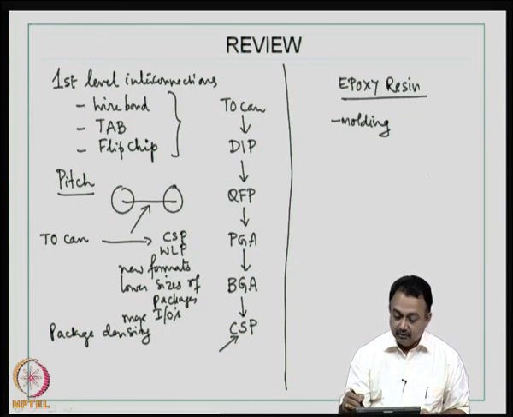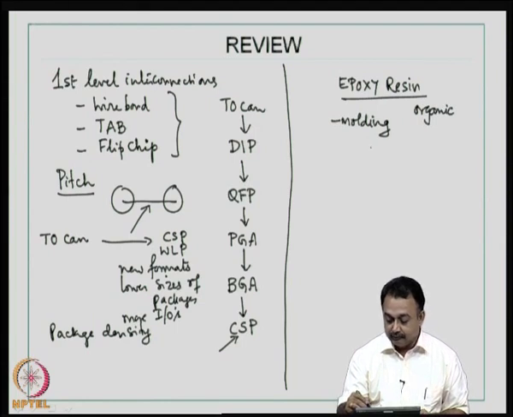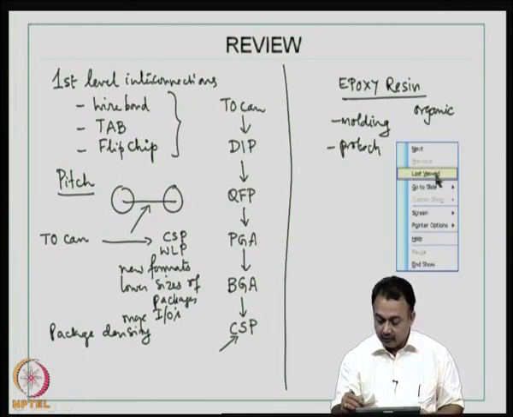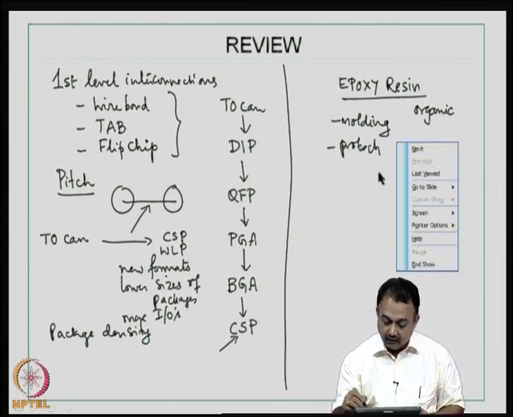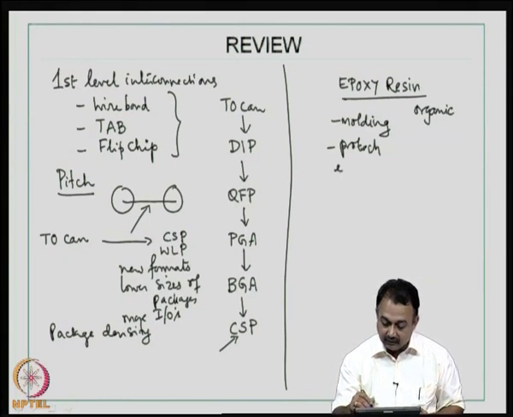That means you use an organic resin to cover up and protect the first level interconnections like your wire bond or your TAB or the flip chip, so that they are protected from the environment. So, this is some sort of a protection, or you can call it encapsulation.